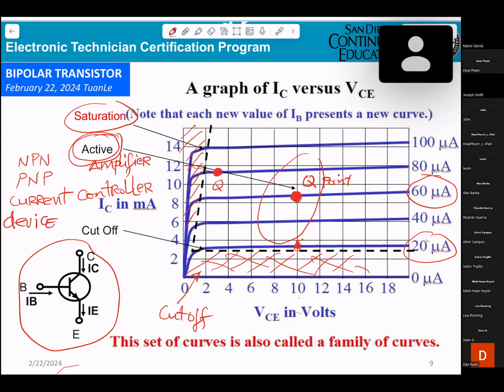Later on, you will learn the JFET, the field effect transistor. It is a voltage controlled device. On the transistor, you change the IB, you change the output current IC, which is controlled by IB. That's why they call it current controlled.